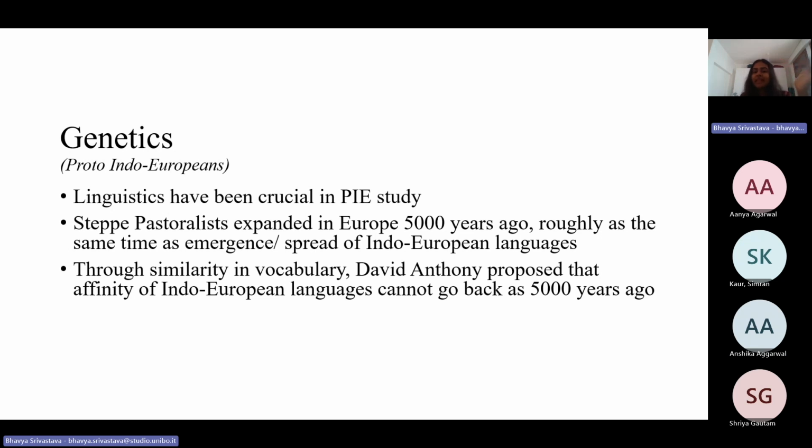Linguists like David Anthony, when they studied the Indo-European languages, found through the vocabulary, through words like wheel or cart or horse, which talk about migration and movement, that the different languages spoken even in present day Europe all have their ancestry dating back at least 5,000 years. So the commonality in these languages cannot go before that.